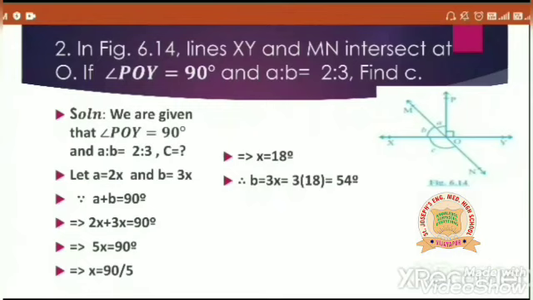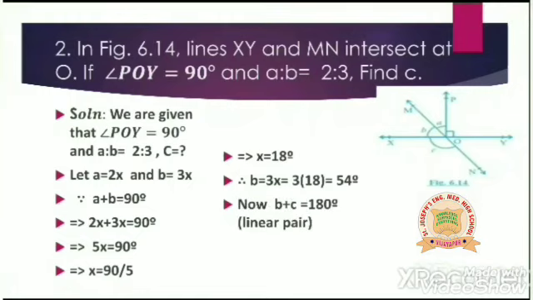Now we have got angle B. So we know angle B plus C is equal to 180 degrees. Why? Because this angle plus this angle form a linear pair. So we write angle B plus angle C equals 180 degrees, reason: linear pair.